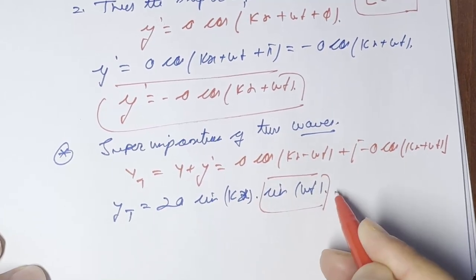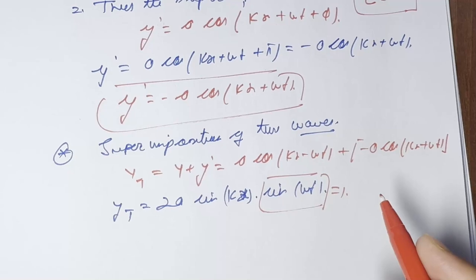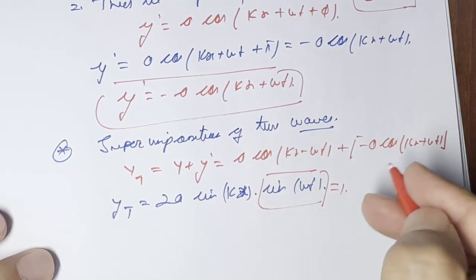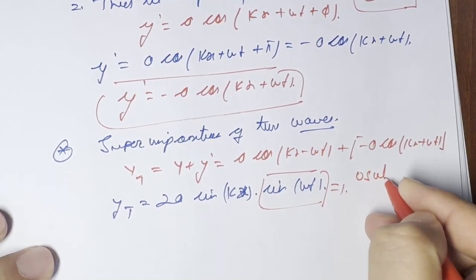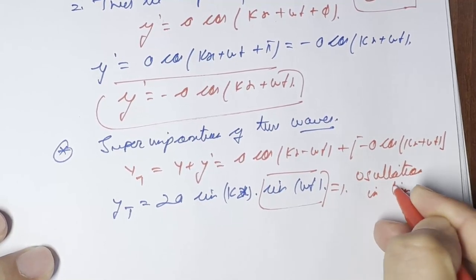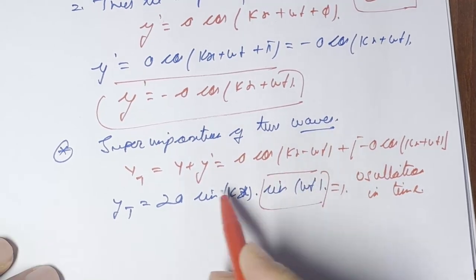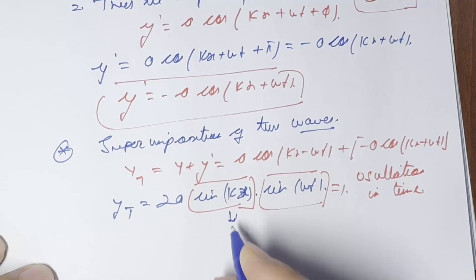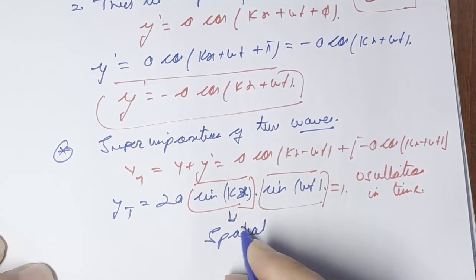The sine of omega t component represents oscillations in time, and the second component, sine of kx, represents the spatial component.